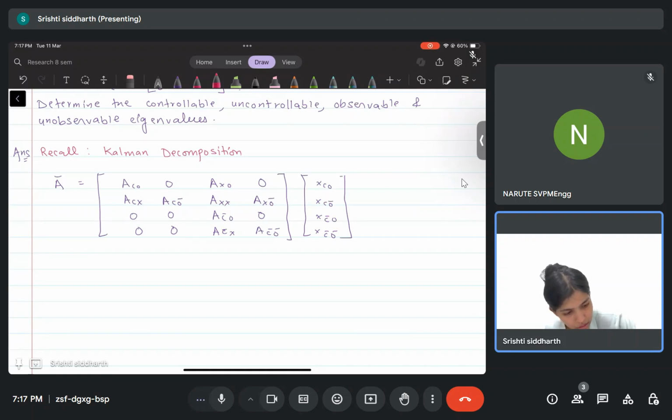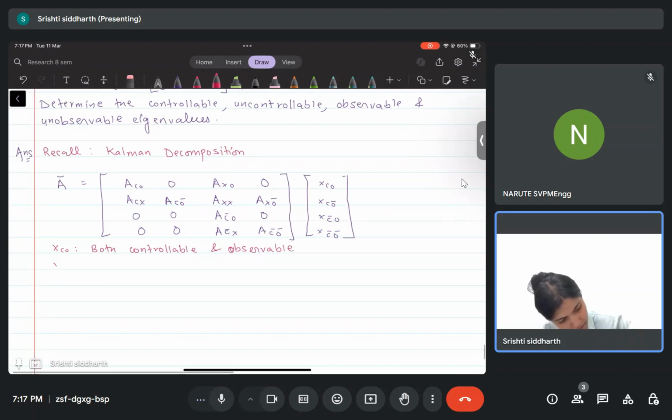So XCO is both controllable and observable. There are states which are both controllable and observable. State which is controllable but not observable.